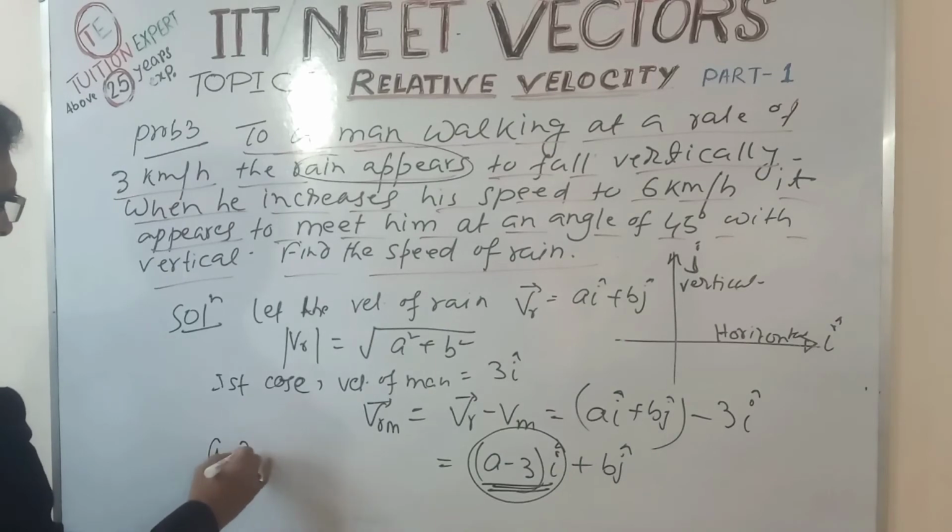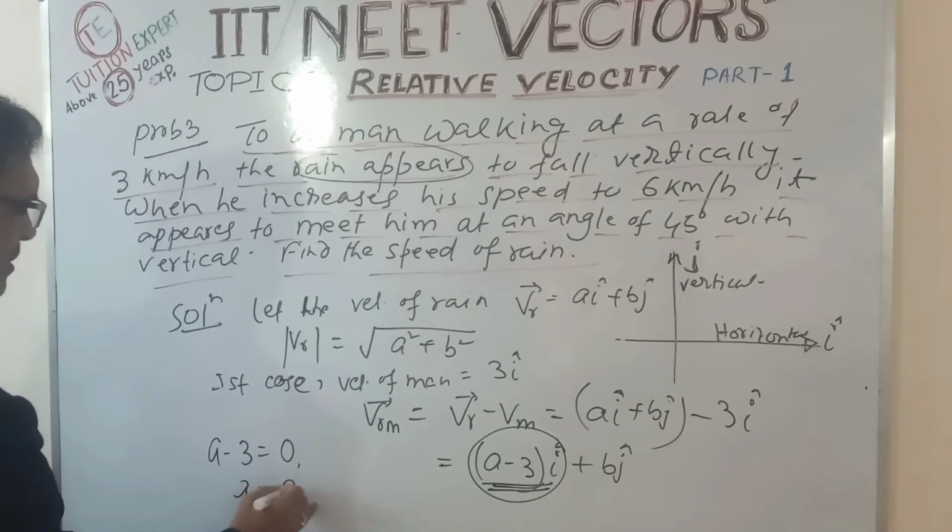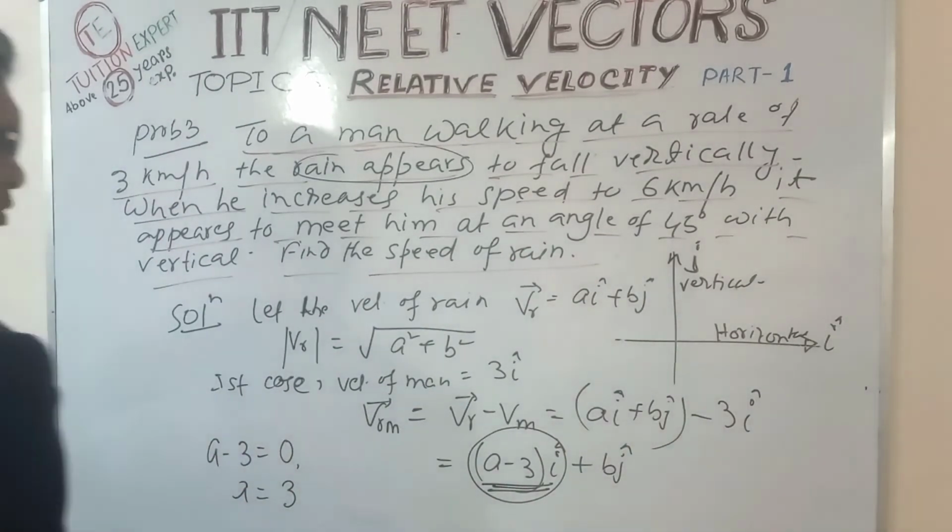So a minus 3 equal to 0. From this we get a equal to 3.